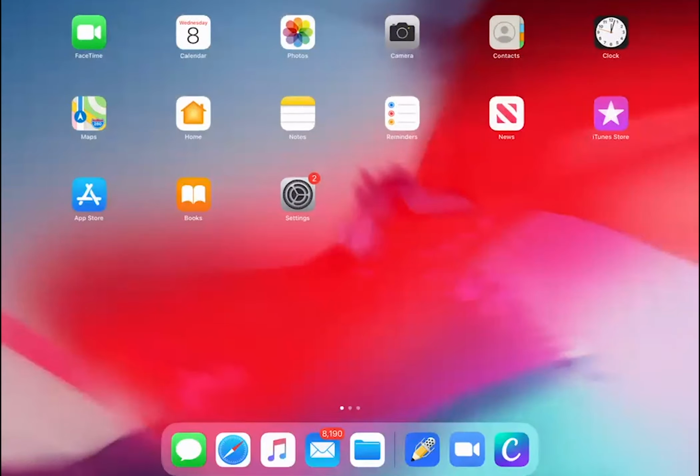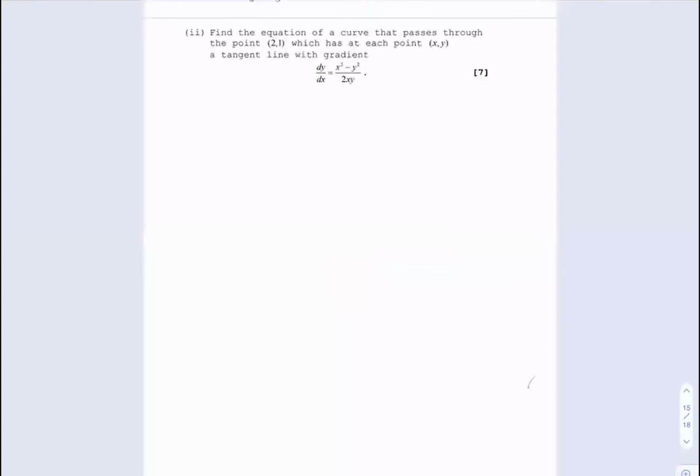Find the equation of a curve that passes through the point 2, 1, which has at each point xy a tangent line with gradient dy/dx equals x squared minus y squared divided by 2xy. So this question is basically asking us to solve this differential equation.